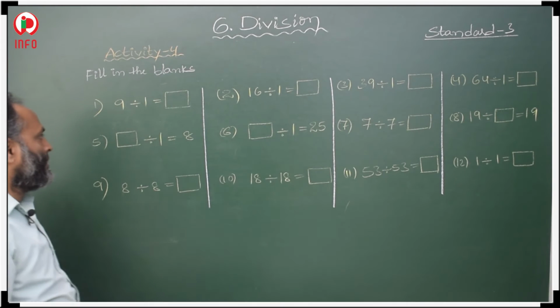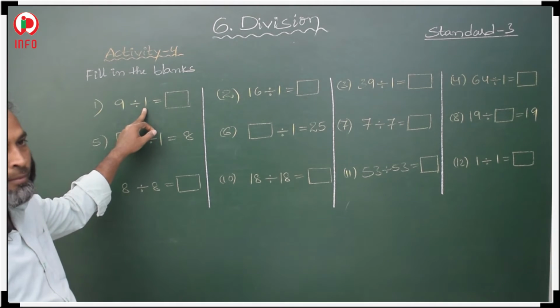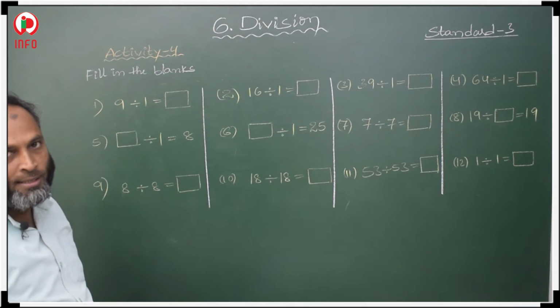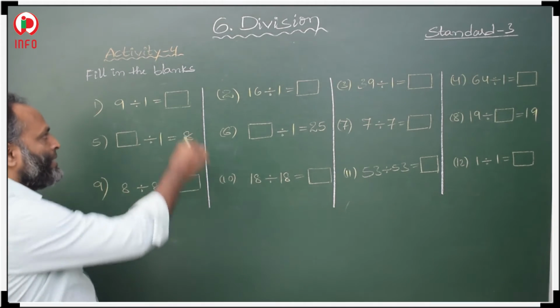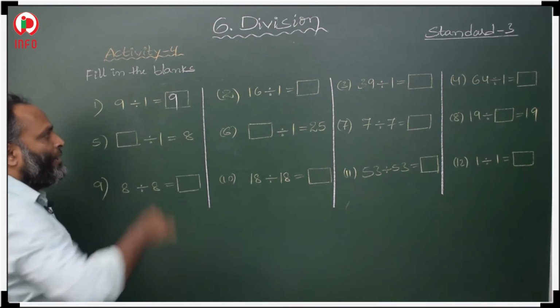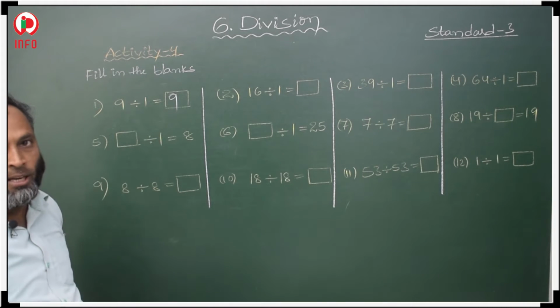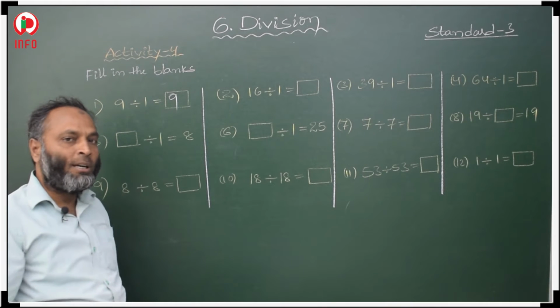See here, first question, 9 divided by 1. If any number is divided by 1, then what is the answer? The answer is the number itself. The quotient is the number itself.